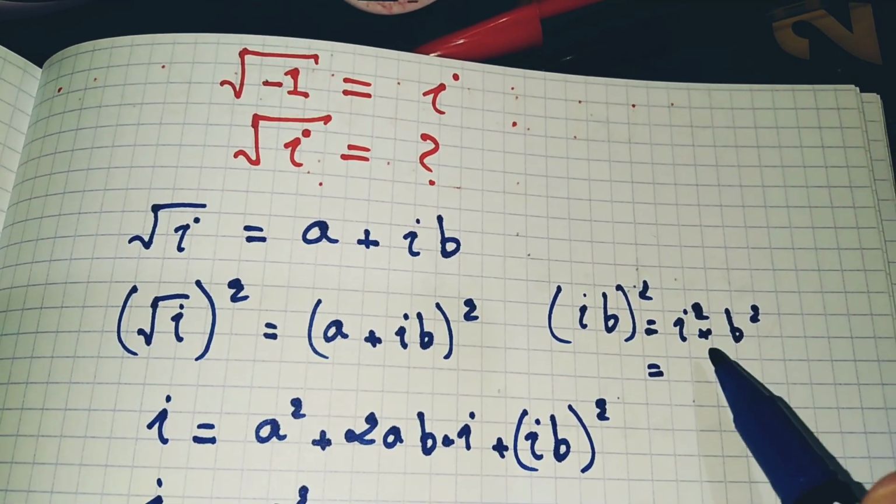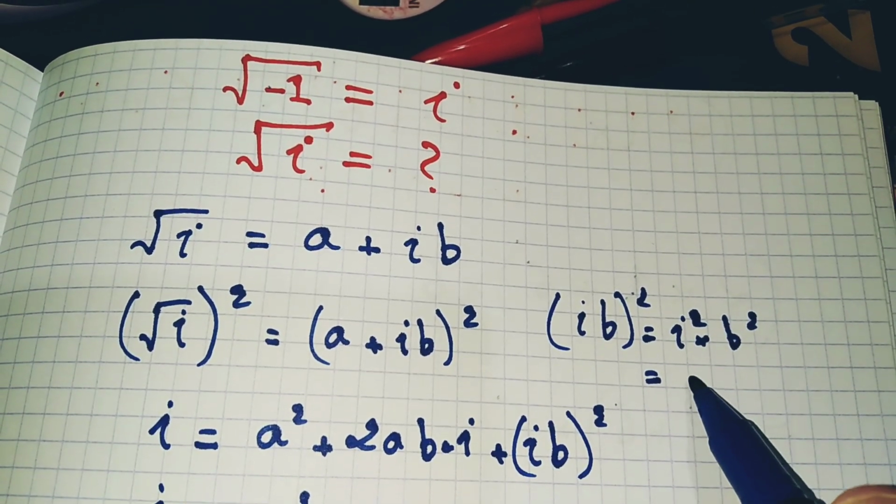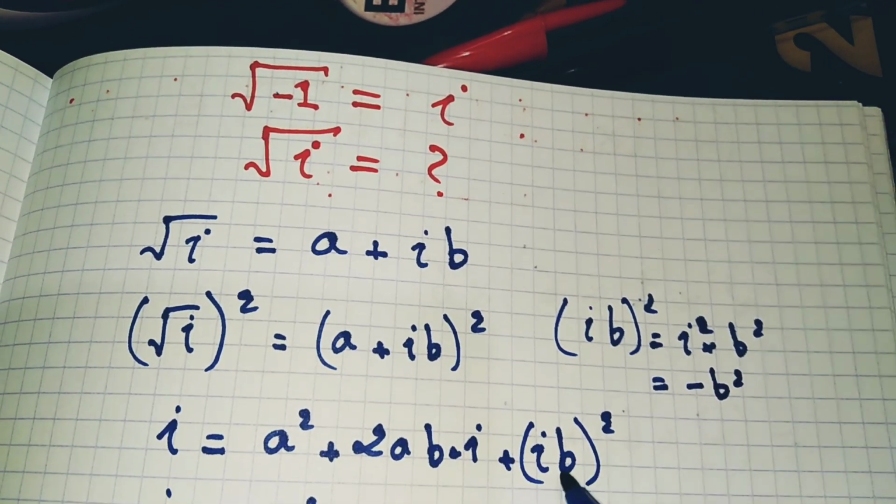But i squared is equal to -1, so this equals negative b squared.